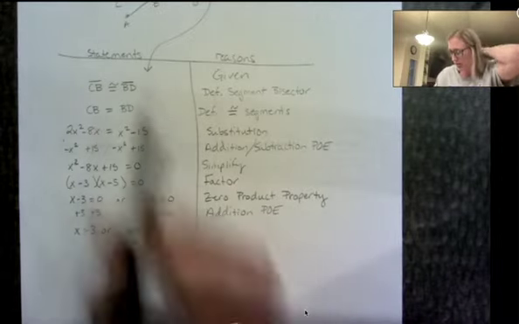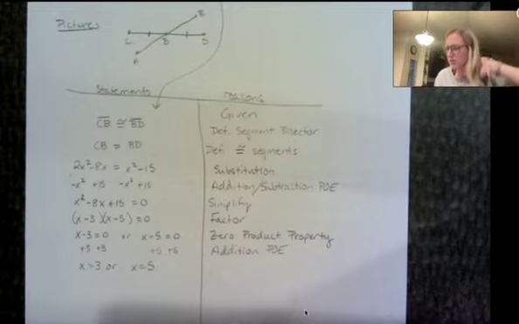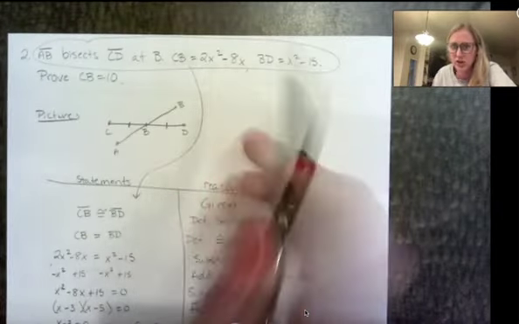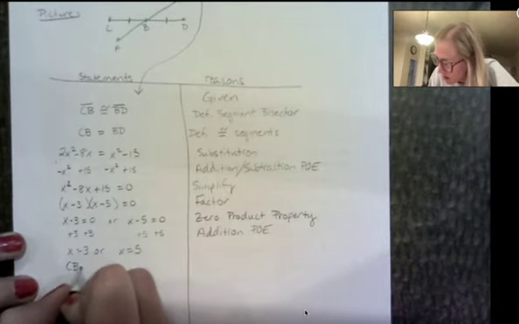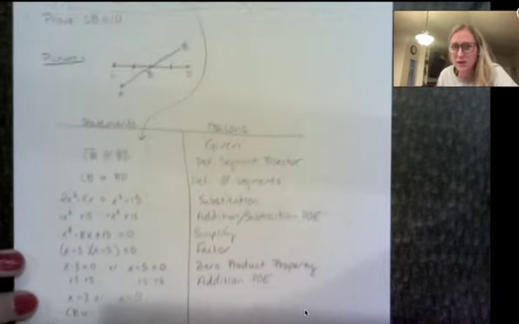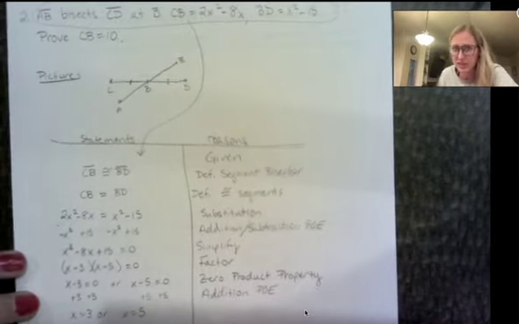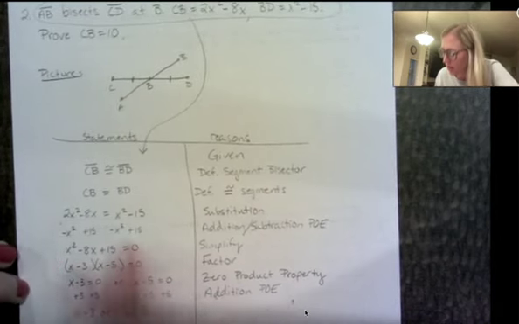Okay, so they want us to show that CB was 10. Remember, CB was this expression. So we had CB equals, now here I have 2 values to plug in, you guys. So I'm going to do this simultaneously in the same line because I have to plug in 3 or 5.